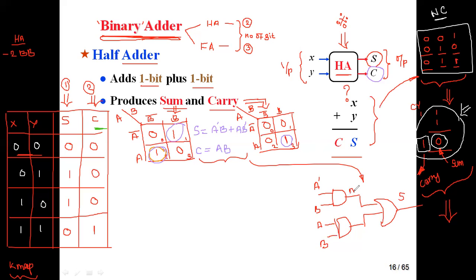Here it is A bar B, here it is A B bar, both are ORed. My result is A bar B plus A B bar. And then similarly for carry, we just take two inputs A and B, and straight away it gives carry equal to A dot B. That's all.